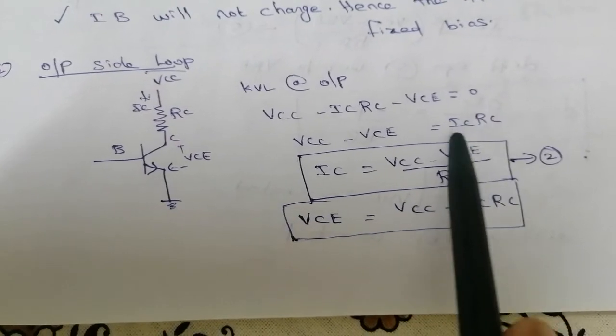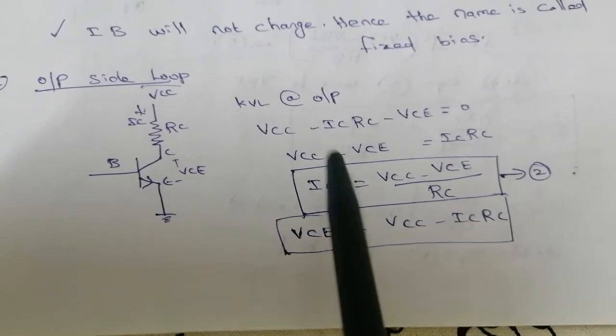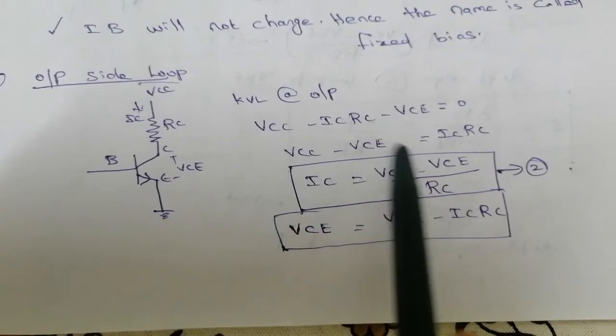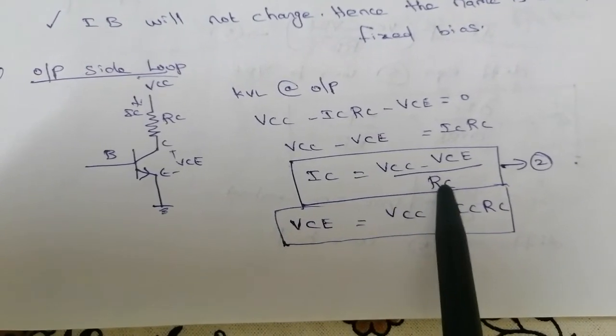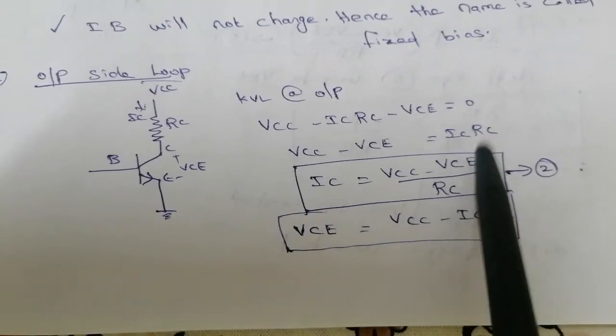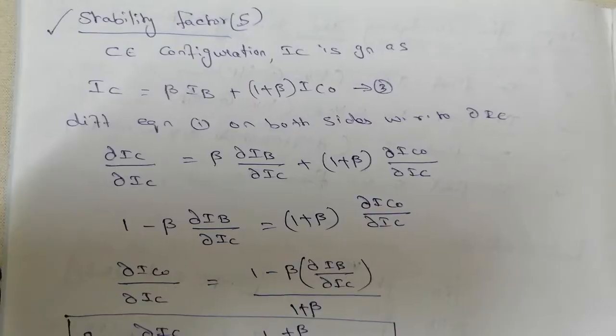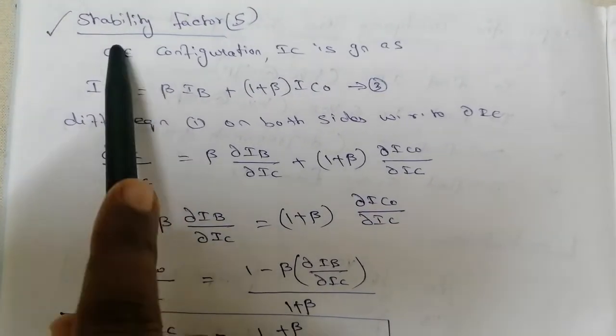From that we can find IC, similar to the base current. So IC is equal to VCC minus VCE divided by RC. And also the collector emitter voltage VCE equal to VCC minus ICRC. Is it clear?